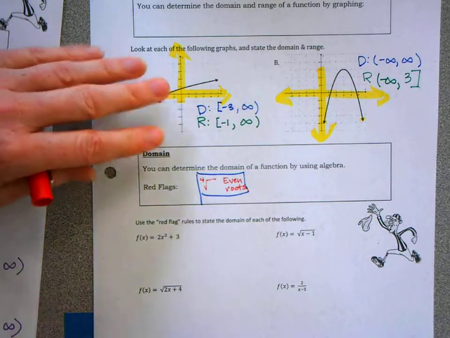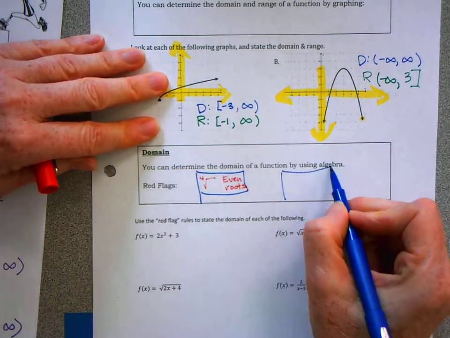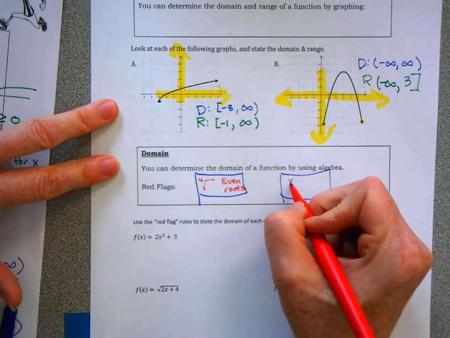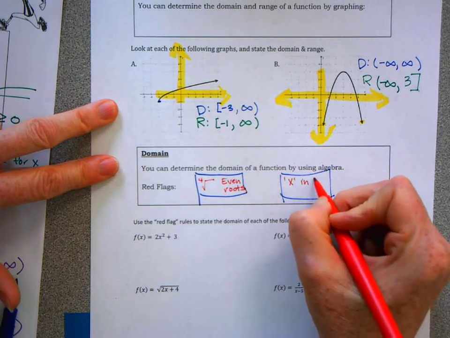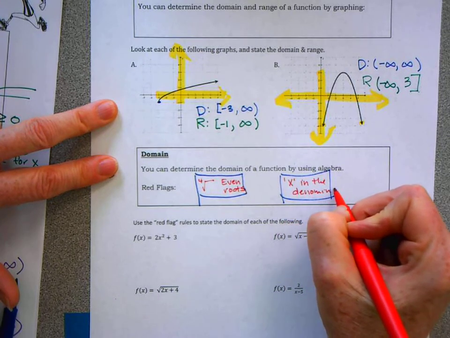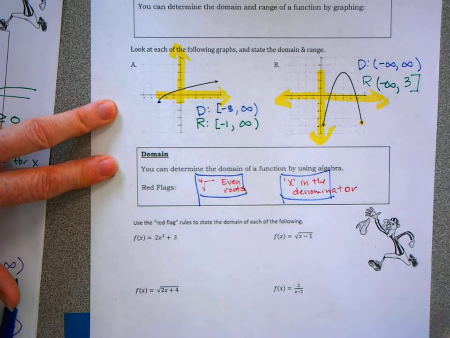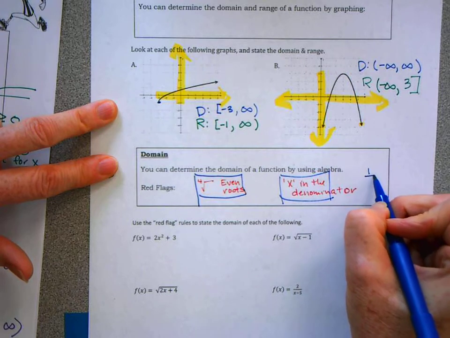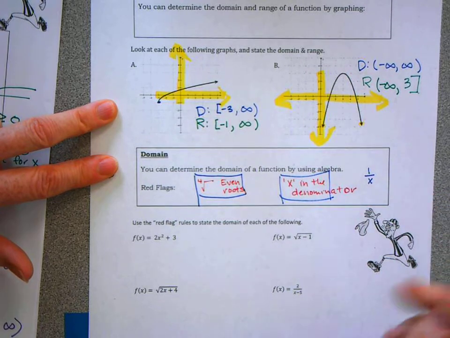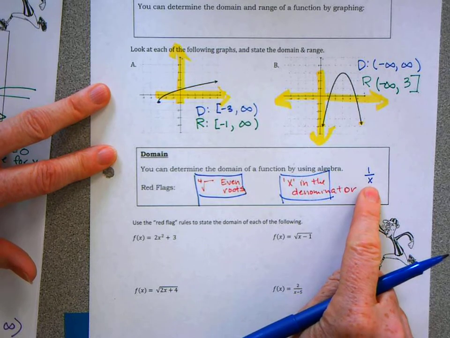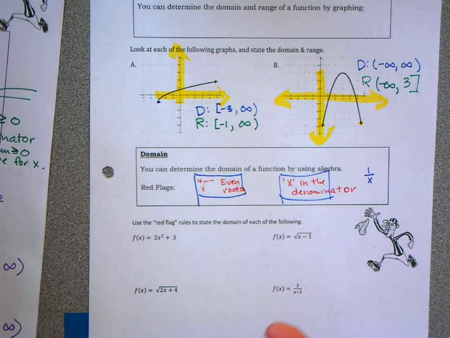Okay, second flag. So I'm going to draw a flag. The second flag is when I have x in the denominator. In either of these 2 cases, I have to change the domain, because if I have 1 over x, there are cases where the graph does not exist, because if x equals 0, then the graph does not exist.